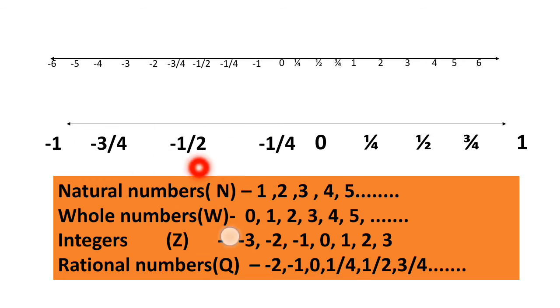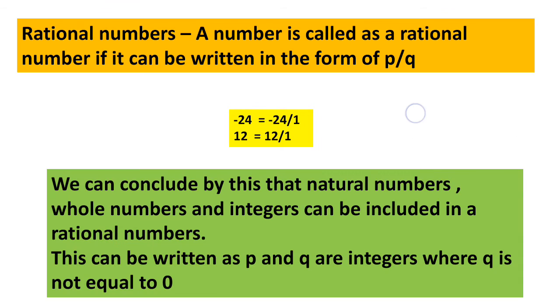Rational numbers include all the numbers including the natural numbers, whole numbers, integers and also the fractions, that is 1 by 4, 1 by 2, 3 by 4, minus 1 by 4, minus 1 by 2, minus 3 by 4. All these numbers will come under rational numbers and it is denoted by capital Q. I hope it's clear, no?